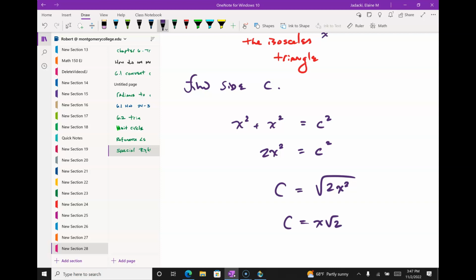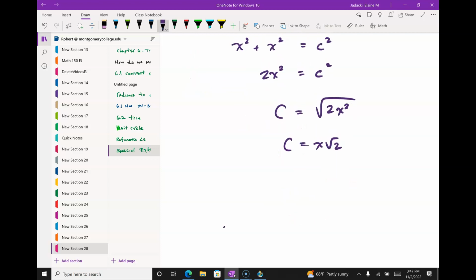So I can get the square root of x squared is x. So now look at our triangle again. Oops, sorry. I want to try and draw an isosceles. And I know my sides are x, x, and x rad 2. What are my angles?